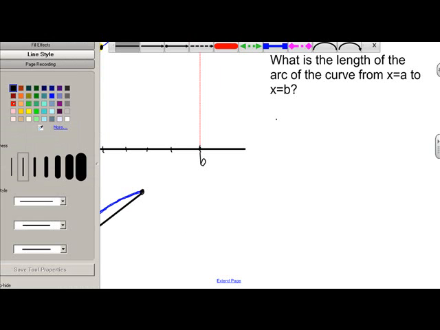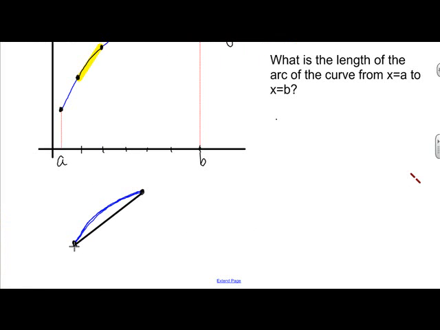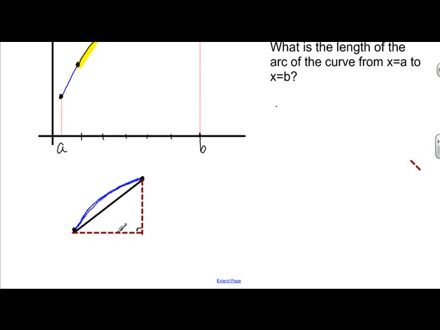Now, the length of that line segment can be found using the Pythagorean theorem. This measurement across the bottom is the change in the x coordinates, and if we've got the ordered pair for the 2 points, we can certainly find the change in the x coordinates.